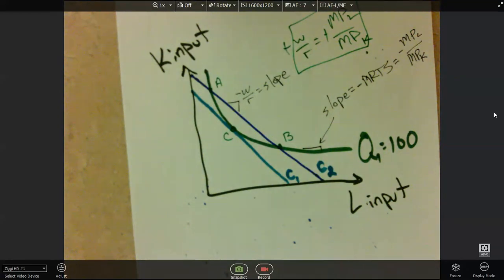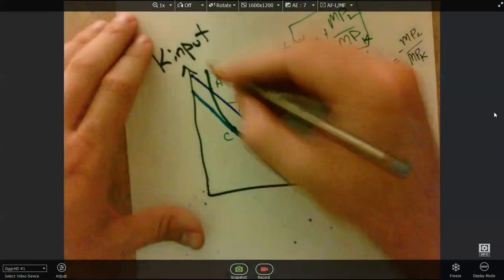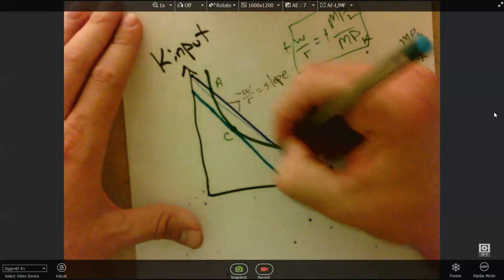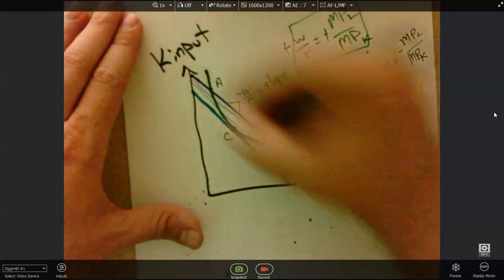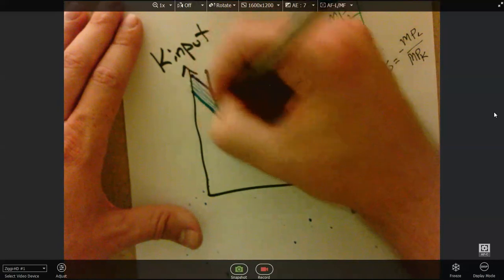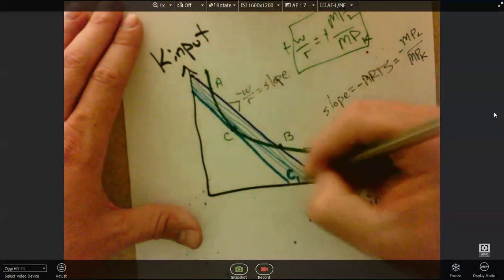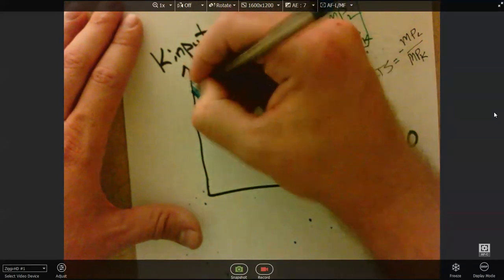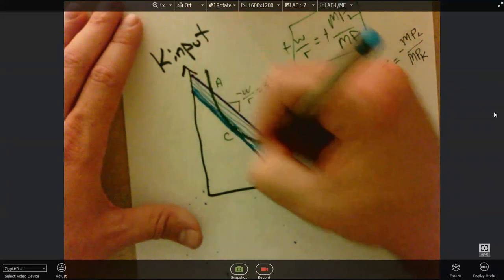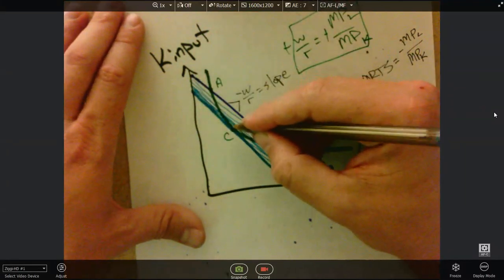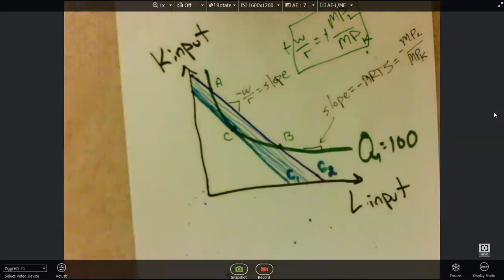Because what's actually happening is there's an infinite amount of iso-cost curves here, right? And so it's going to keep jumping to a lower and a lower and a lower iso-cost curve until it hits that fat light blue line, because that's the one that it's tangent to.